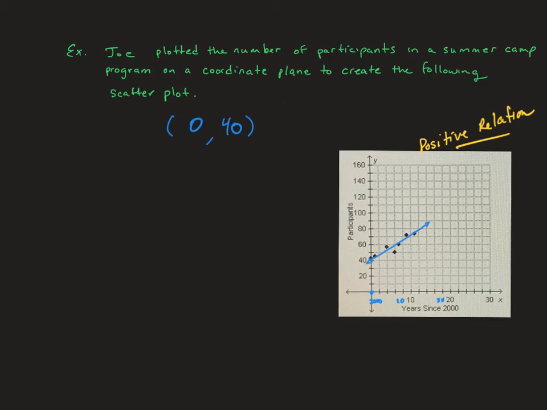And then what's my slope? If I want to find another point, I could say that this point right here might be the equivalent of, we could just estimate and call it 75.